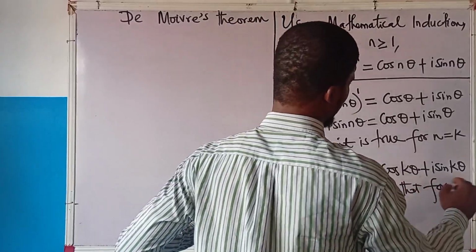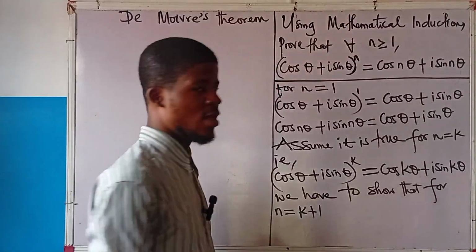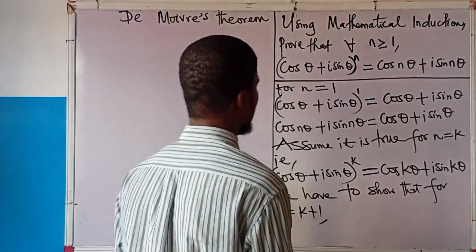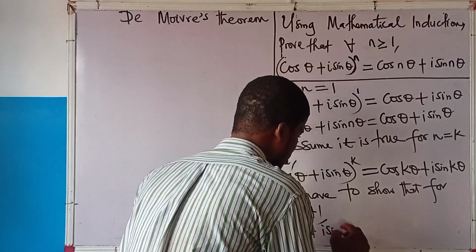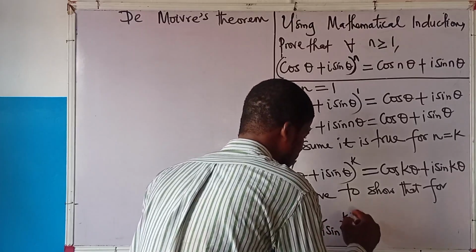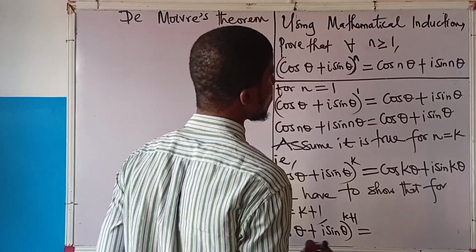that for n equal to k plus 1, (cos theta plus i sin theta) raised to the power of k plus 1 is equal to, anywhere I see n, I write k plus 1.